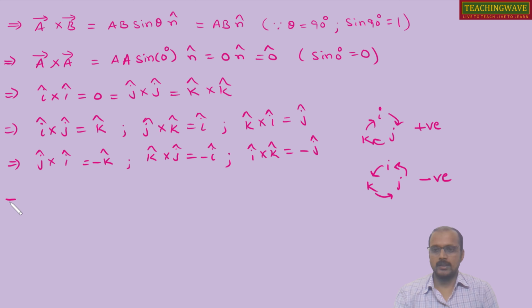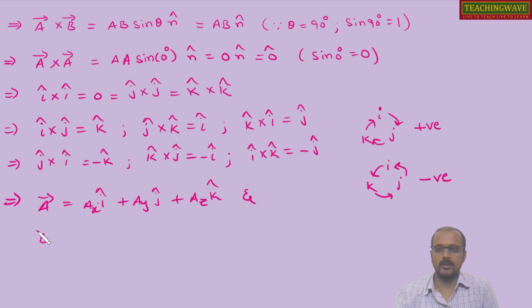Now come to the cross product between two component vectors. That means a bar is given as a suffix x I cap plus a suffix y j cap plus a suffix z k cap, and our second rectangular component vector is b bar, bx I cap plus by j cap plus bz k cap.